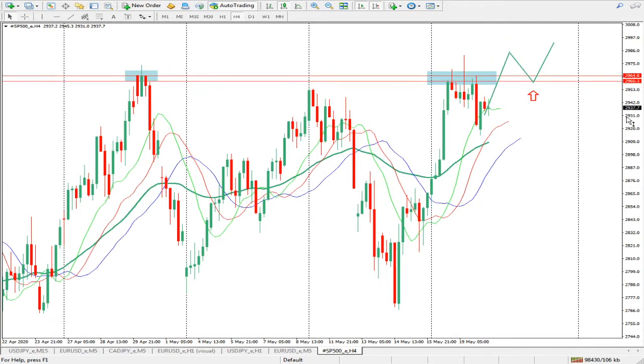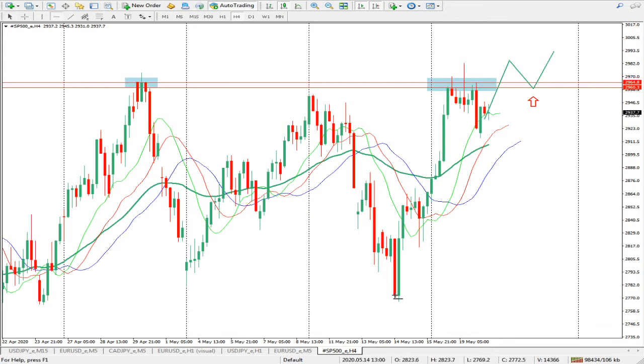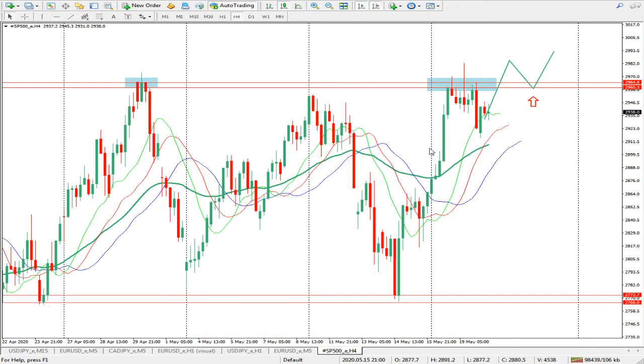That has not happened. We are yet to clearly ascend above that level. So simply wait for this retracement, then you pick a buy when the price comes back after breaking beyond this level. So a break above, a retracement, and then a continuation.